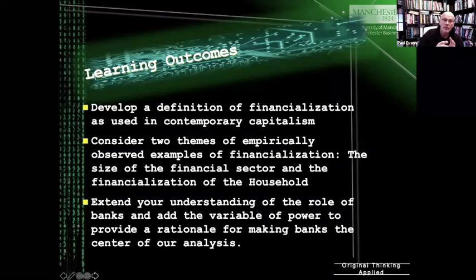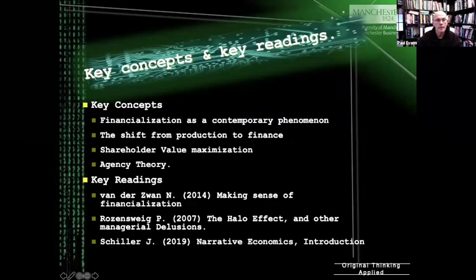So banks, therefore, are very powerful. And that's the rationale behind it. Key concepts: financialization as a contemporary phenomenon, or financial capitalism, which you talked about, many of you, which is fine. There's a shift, therefore, from production to financial production, financial markets.